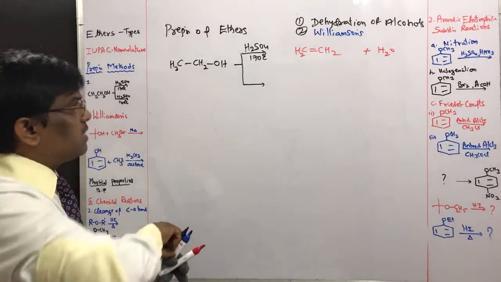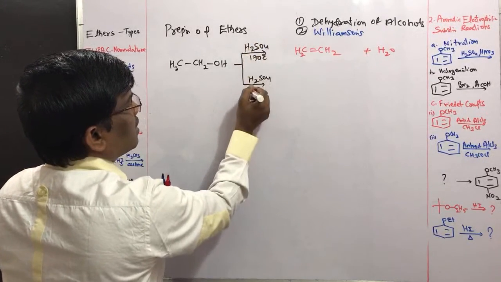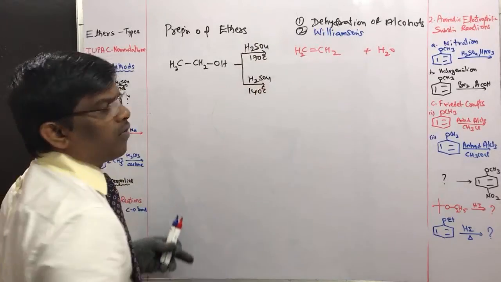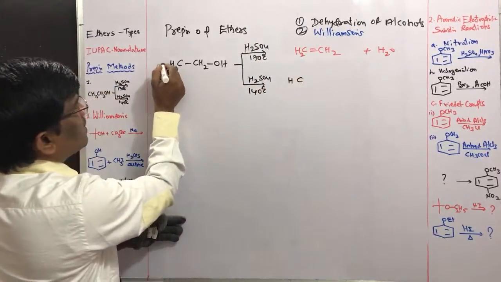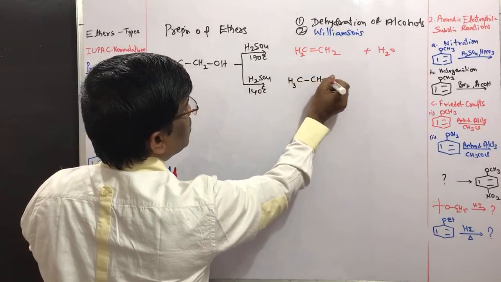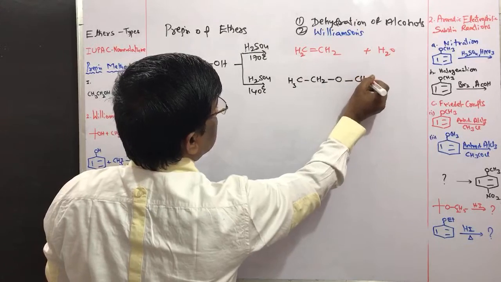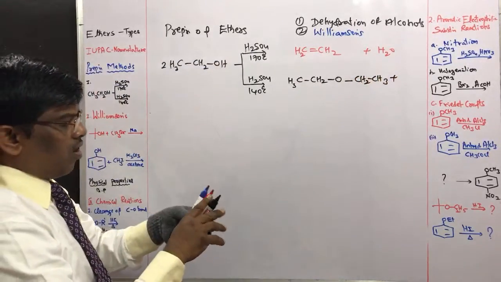Then how to make ether? At lower temperatures, at about 140 degrees centigrade, you will get, from 2 moles of alcohol, CH3CH2OCH2CH3 plus a water molecule.